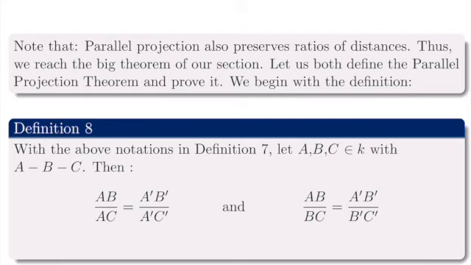Then the distance between A and B over the distance between A and C is equal to the distance between A prime and B prime over A prime C prime. Moreover, the distance between A and B over B and C is equal to A prime B prime over B prime C prime.